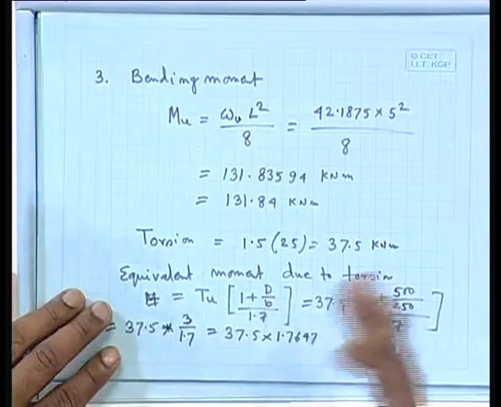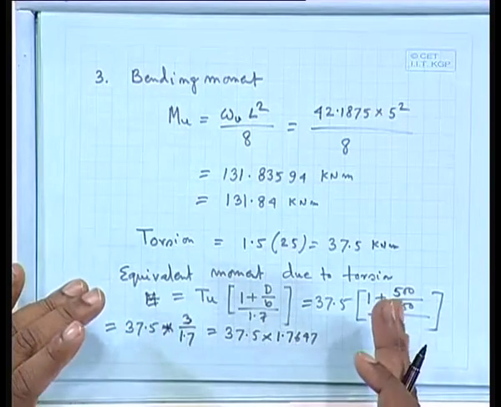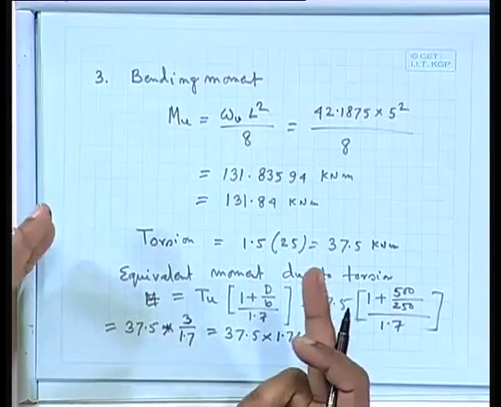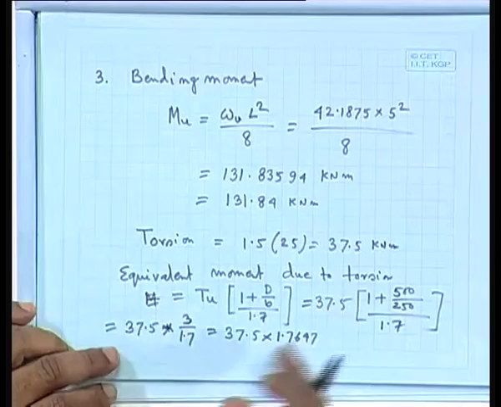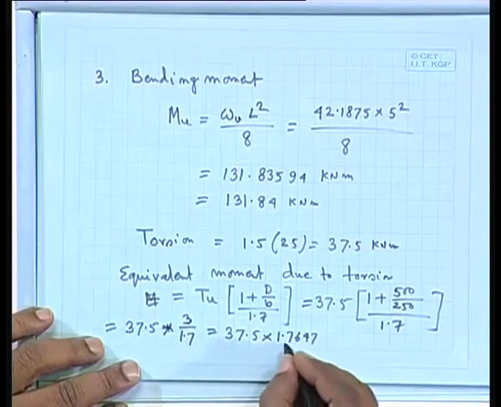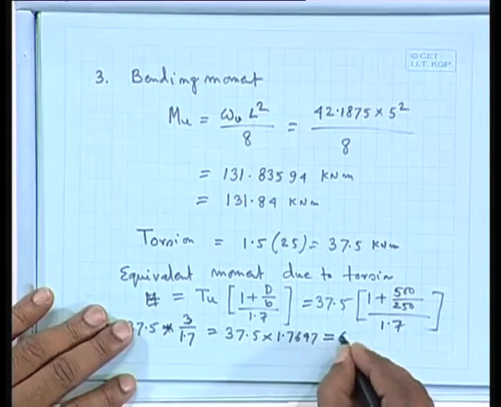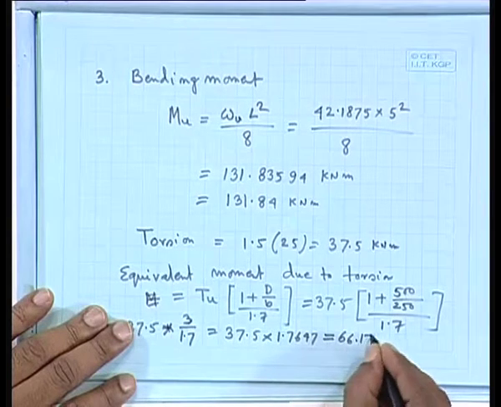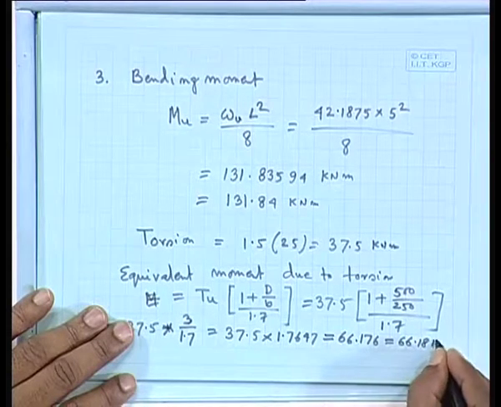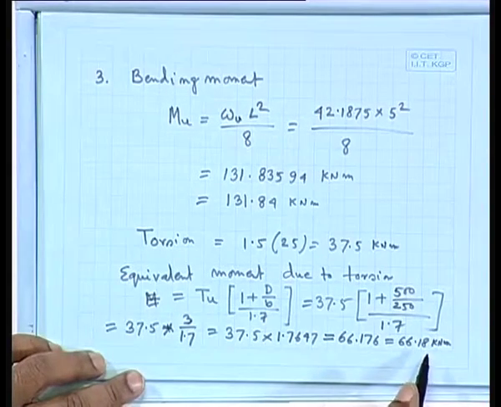In worst case I can simply multiply with 2, twice of that. So those factors are coming. I can say 37.5 into 1.7647, which is equal to 66.176, say 66.18 kilonewton meter.